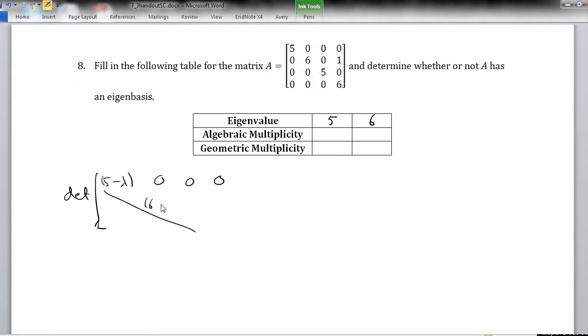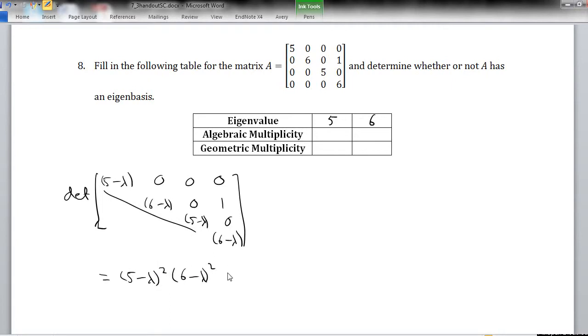And then 6 minus lambda, 0, 1, 5 minus lambda, 0, and 6 minus lambda again. And so it's just (5 minus lambda) squared times (6 minus lambda) squared.